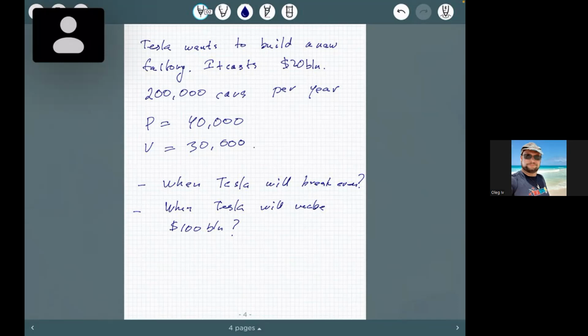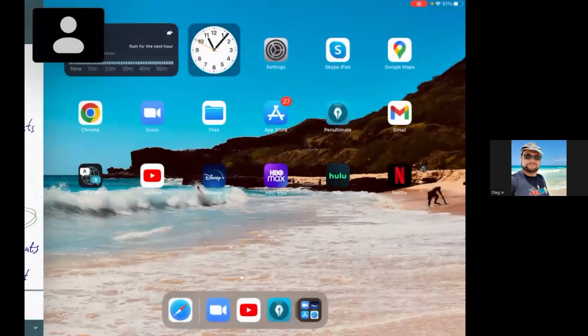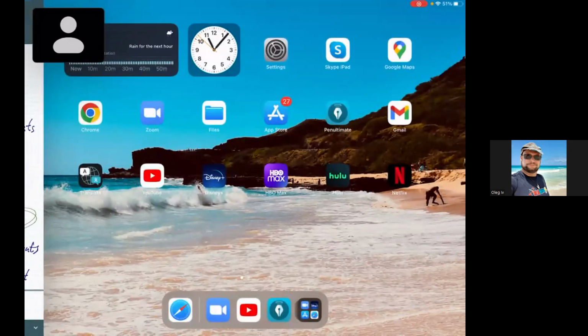So I always suggest you just write down the formula. So you have profit equal to (price minus variable cost) times Q minus fixed cost.